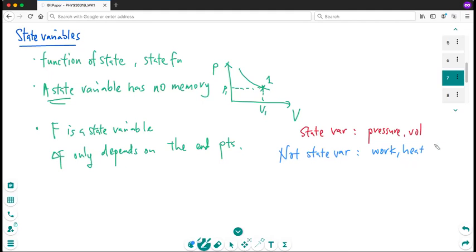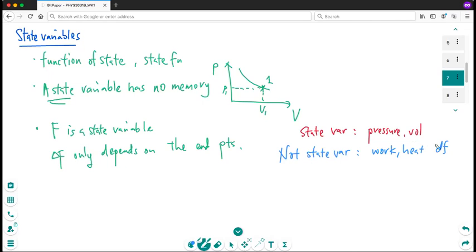So the differential of F, for example, I'm going to change to lowercase again. This is how we discuss the change. But it's okay to write this, even if F is not a state variable. But you will very soon realize this kind of differential is not the differential you learned before.